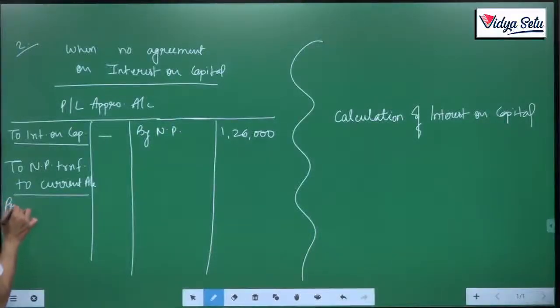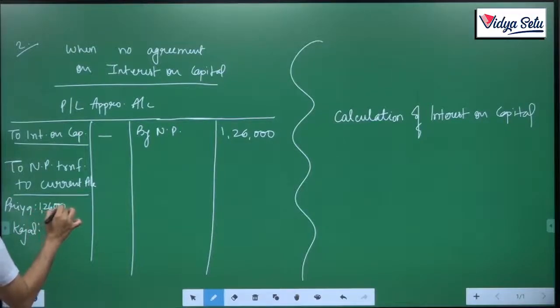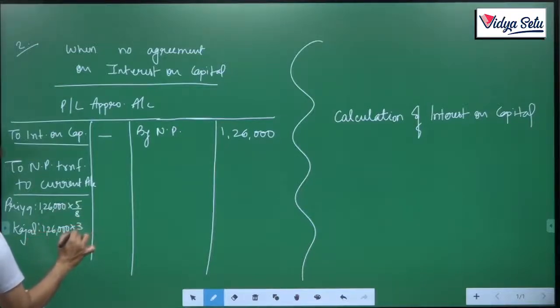So Priya, Kajal, 1,26,000 into 5 upon 8 and 1,26,000 into 3 upon 8.